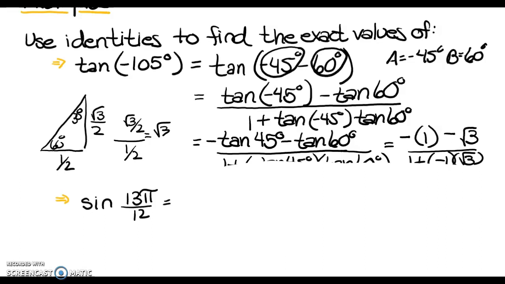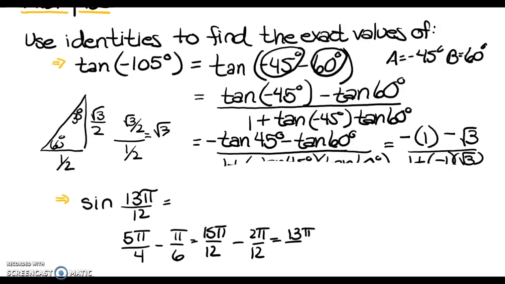They could also subtract. Maybe 5 pi over 4 minus pi over 6, where the common denominator would be 12. Multiplying by 3, that's 15 pi over 12 minus 2 pi over 12, which is 13 pi over 12, exactly what I want.